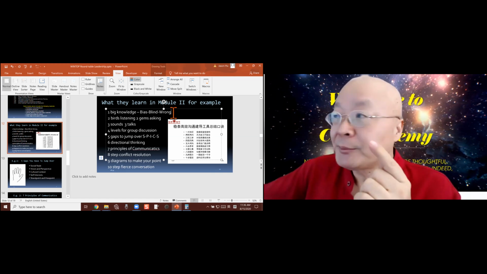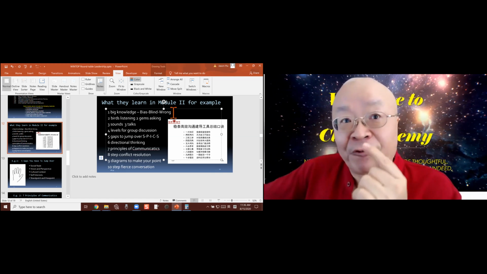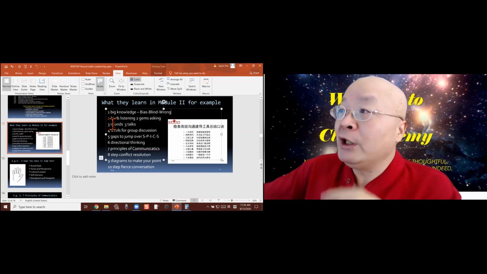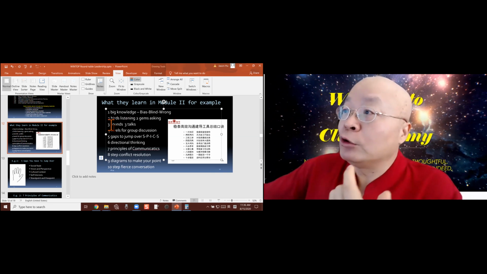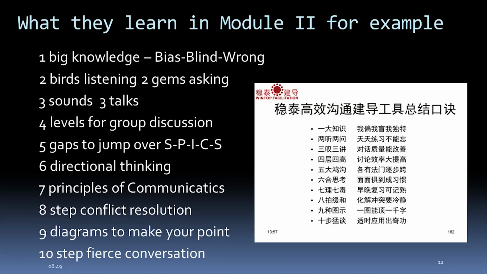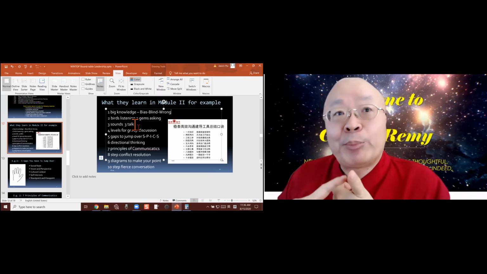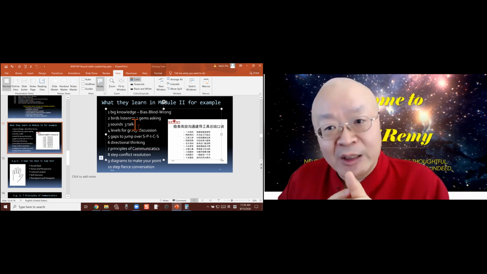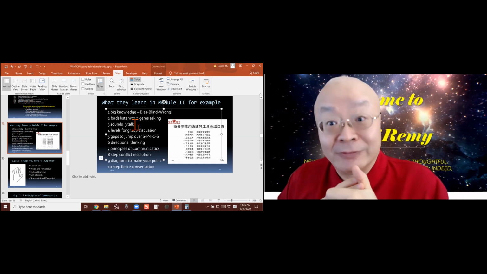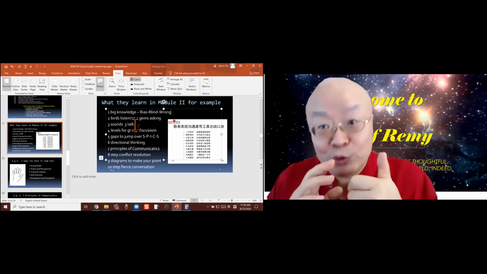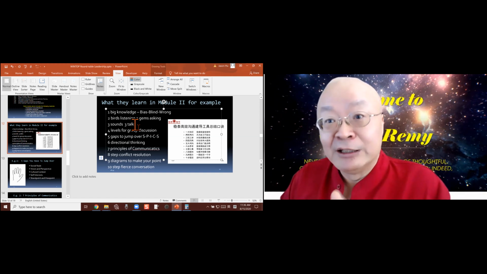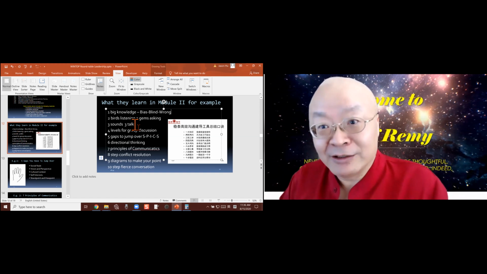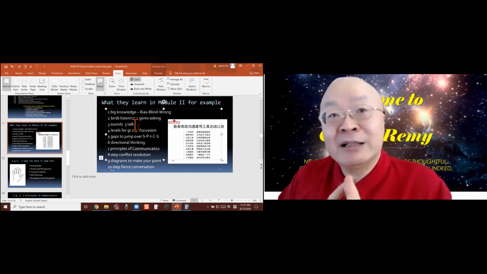And then things start from that background. We teach them methods. We call them 2 birds listening, 2 gems asking. 2 birds means parrot and bat. Now, parrot listening is what the organizational development field calls active listening. Basically, you parrot whatever you heard to make sure you heard it right. That is the first bird.